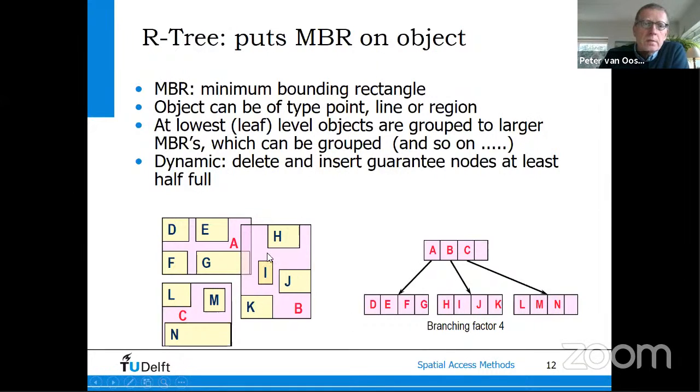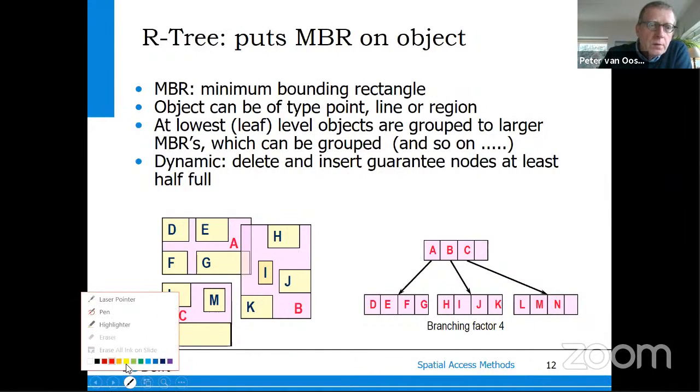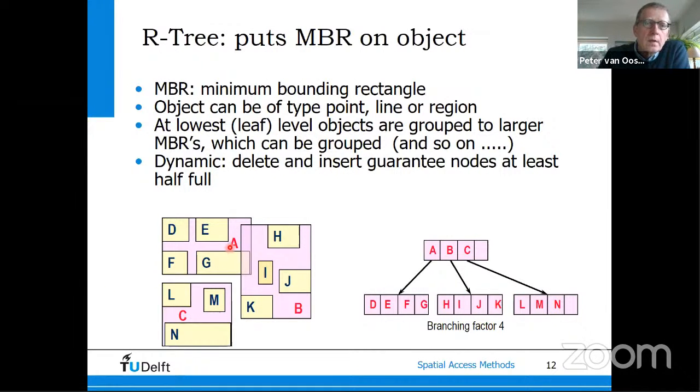So if you look at the group over here, Group A has 4 objects, D, E, F, and G. So A has a rectangle, but also D, E, F, and G have a rectangle, the real objects.